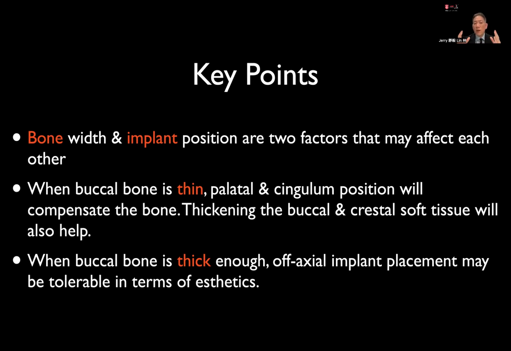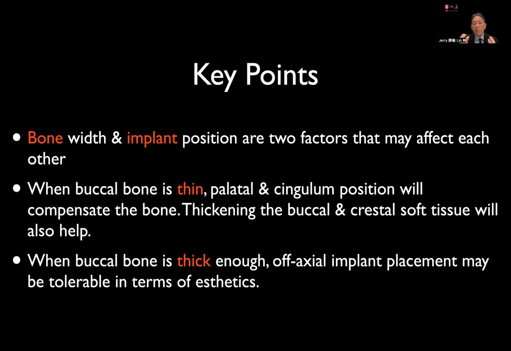So bone width and implant position can affect each other in this way. If the buccal bone is thin, a palatal cingulum position will compensate for the bone. However, if we have a very thick buccal crest, then the implant placement could be relatively easy because we can have better bone to support our soft tissue.